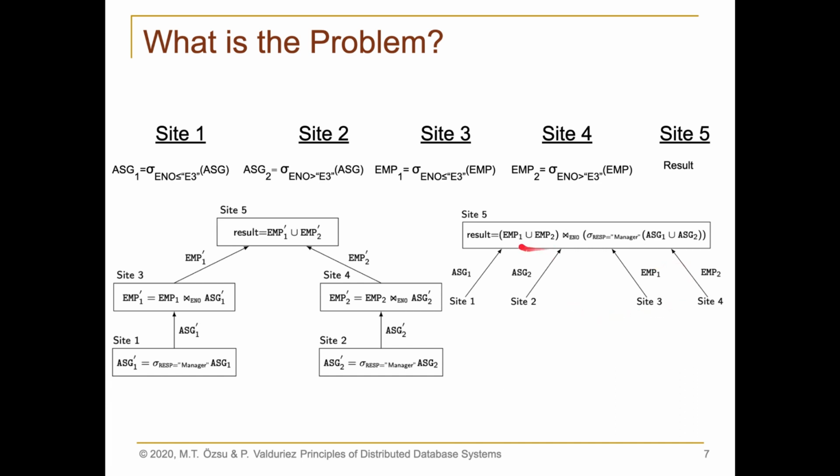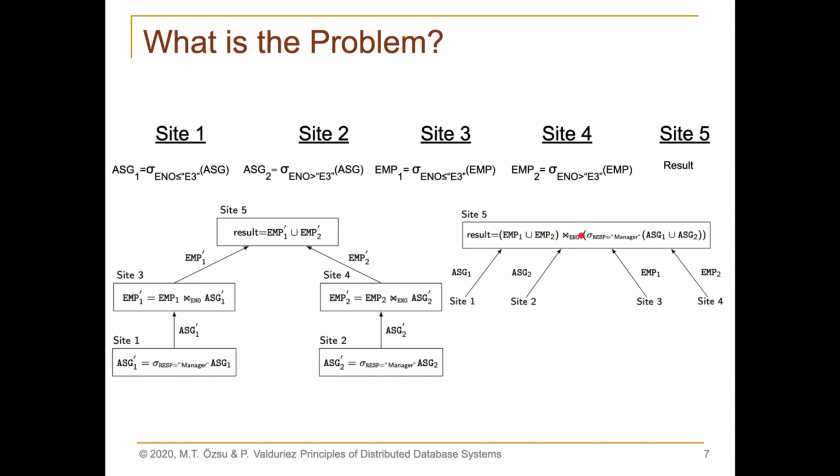Hence, here strategy 2 tries to merge all related fragments into one and transfers them to the target site, and it performs all join and primary horizontal fragmentations in the site where the data is required.